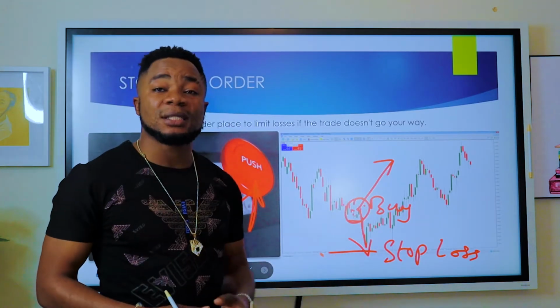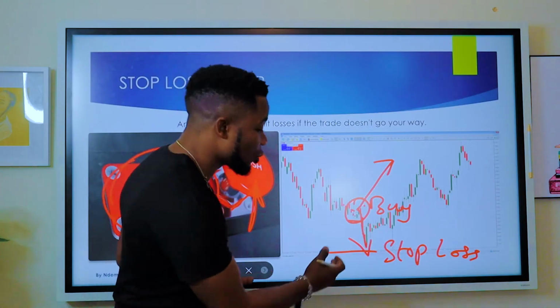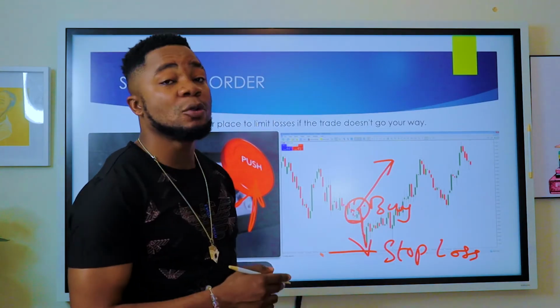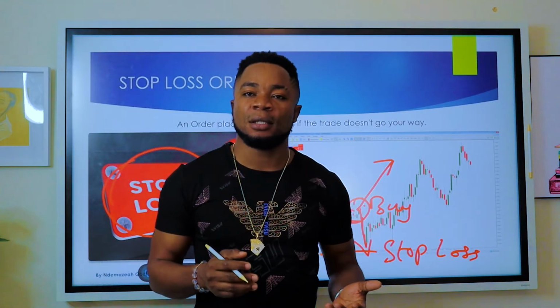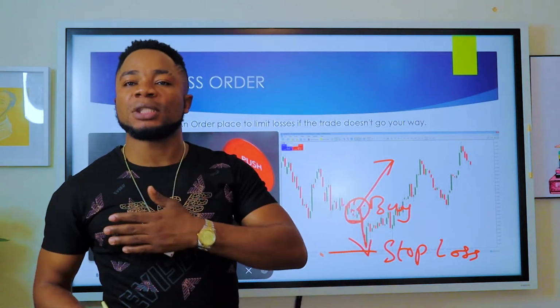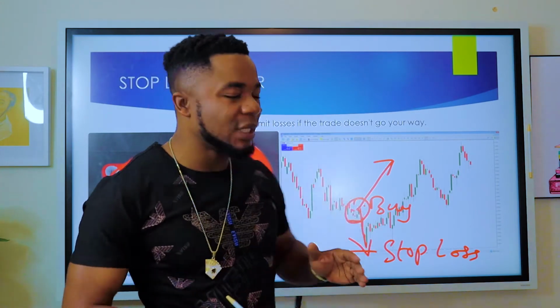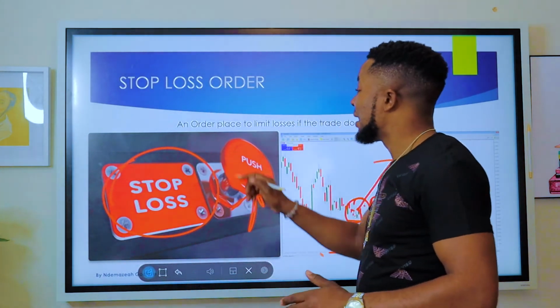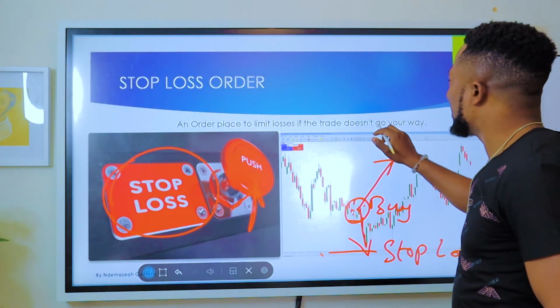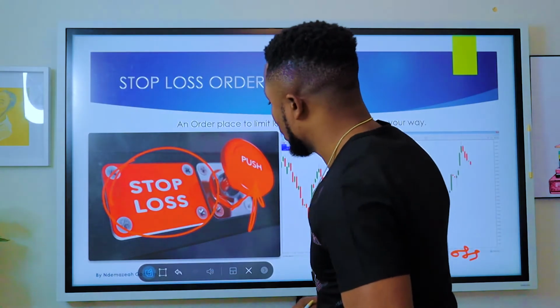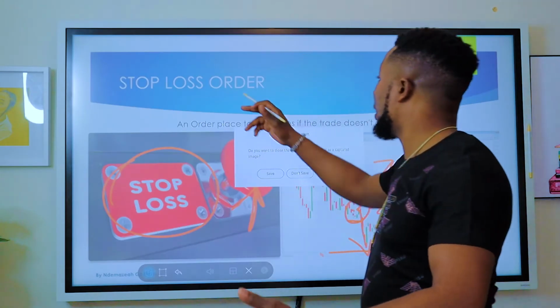That's where stop loss comes into place, because you use a stop loss to limit your losses. Anytime you place your trade, you need to put a stop loss on it immediately. It should be like an oath. Anytime you place a trade, you need to put a stop loss on that trade that is able to limit your losses if the trade doesn't go your way. So that's the simple explanation of a stop loss order, because that is still an order.